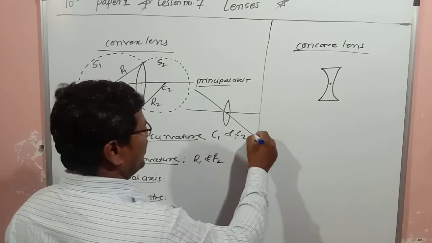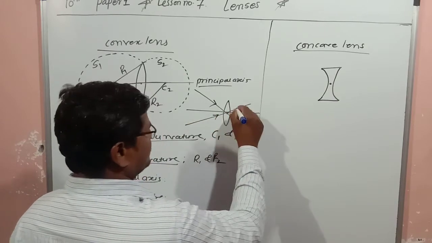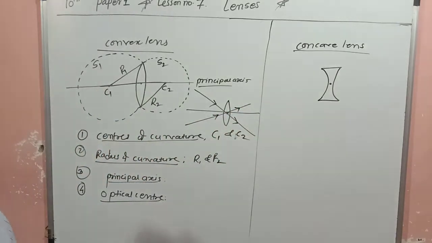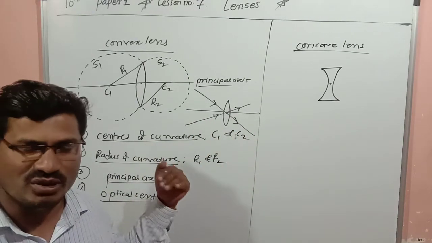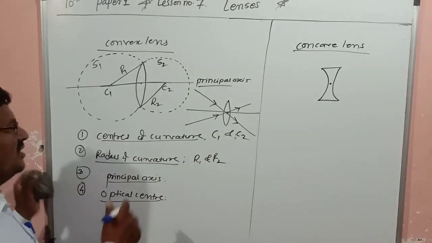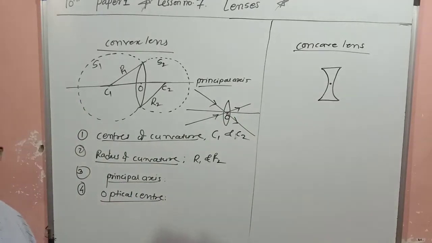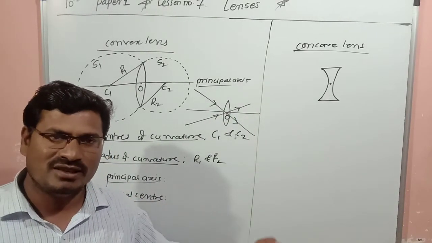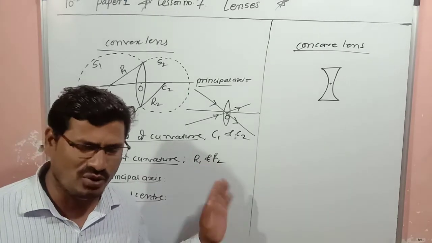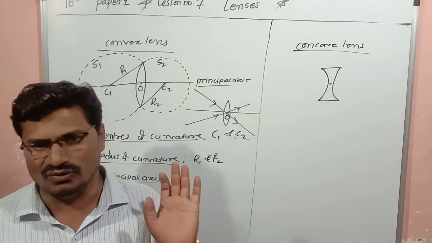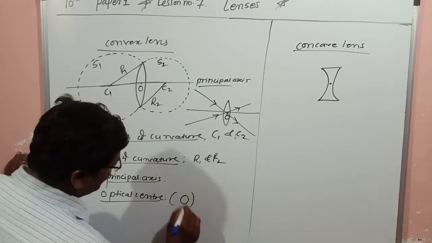If light rays pass through that particular point, they go undeviated, without changing direction, going straight. That point you are calling the optical center. Here will be the optical center. You denote the optical center by O.